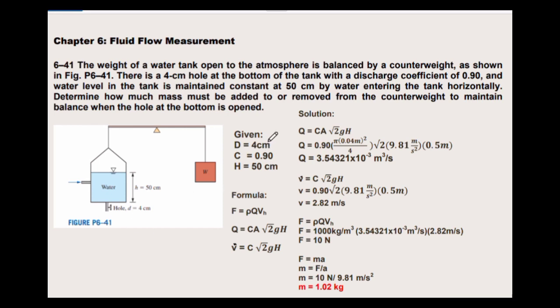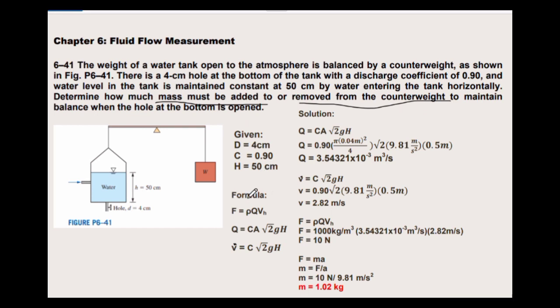So our given, we have the diameter 4 centimeters, a discharge coefficient 0.90 and a height of 50 centimeters. So we are going to solve how much mass must be added or removed from the counterweight to maintain the balance when the hole at the bottom is open.